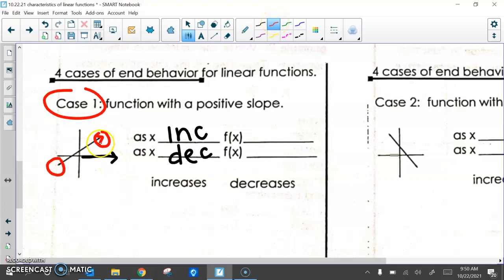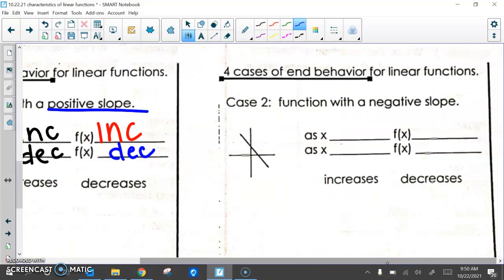In this case, it's hard to see, but the arrow is going up, so it's increasing. The second one is as x decreases. As I look on the left side of the graph, that end is decreasing. So when you have a positive slope, both sections match: increase, increase, and decrease, decrease.